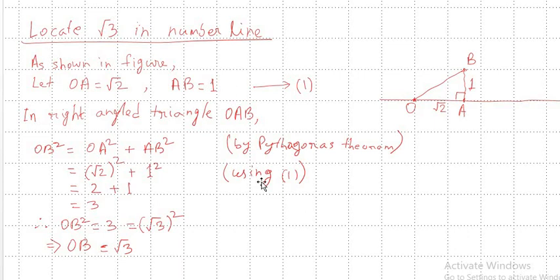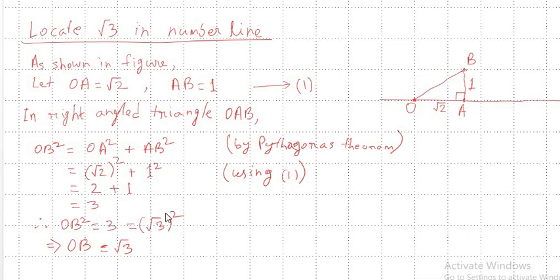Here in the bracket I have written the reason. Root 2 square becomes 2, 1 square is 1, and this is 3. It's very simple, easy to understand. Now here we got OB square equals 3.